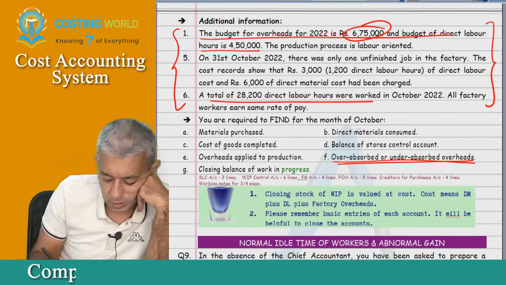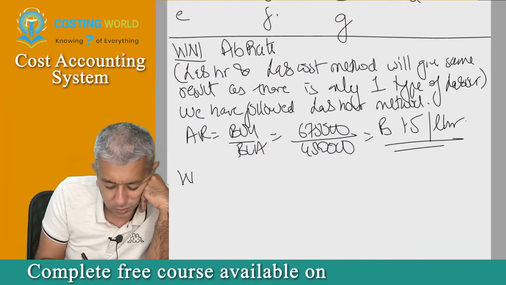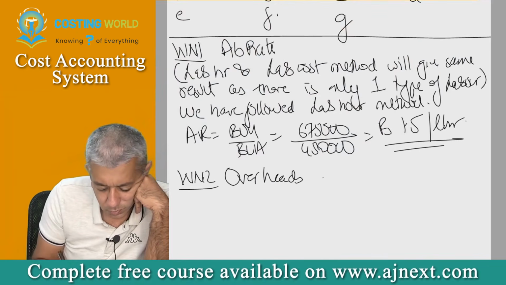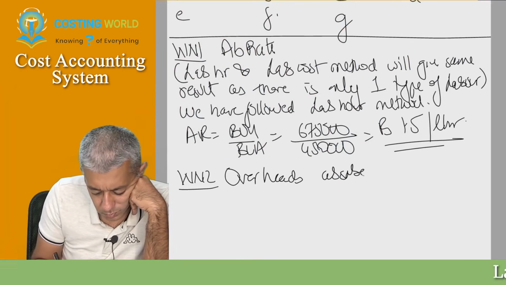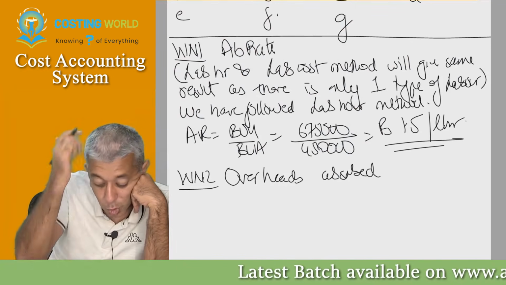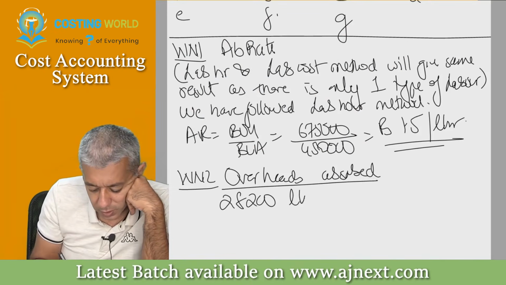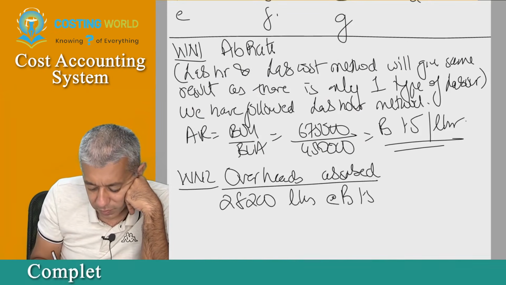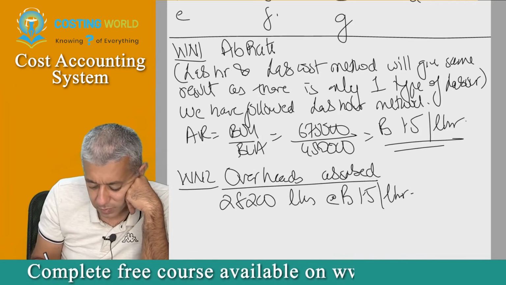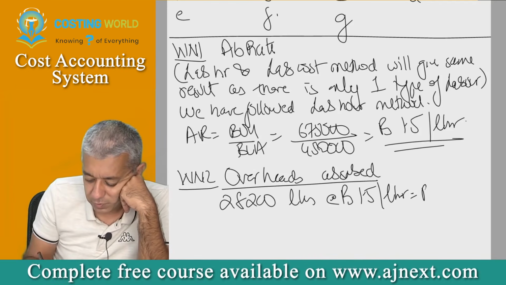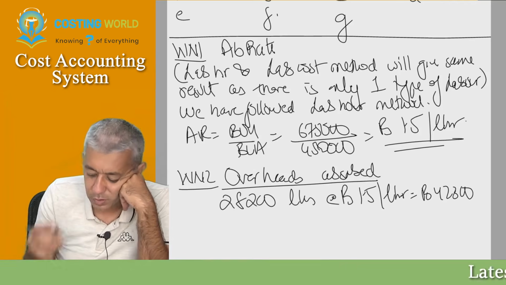Now you will tell me, workers have worked for how many hours in this period? 28,200. So this is working note 2. Overheads absorbed will be 28,200 labor hours at the rate of 1.5 per labor hour. 28,200 into 1.5 is 42,300.